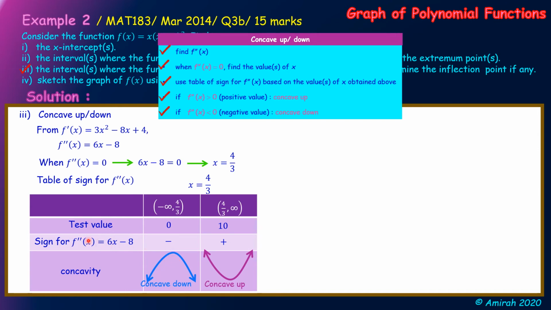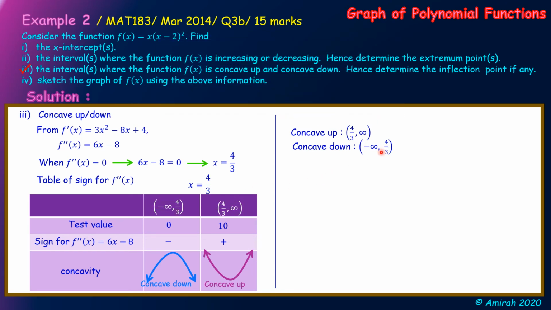Right? So our concave up is the interval 4/3 to infinity, and our concave down is the interval negative infinity to 4/3.